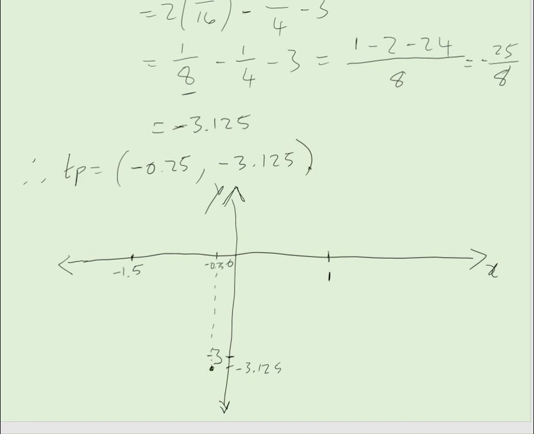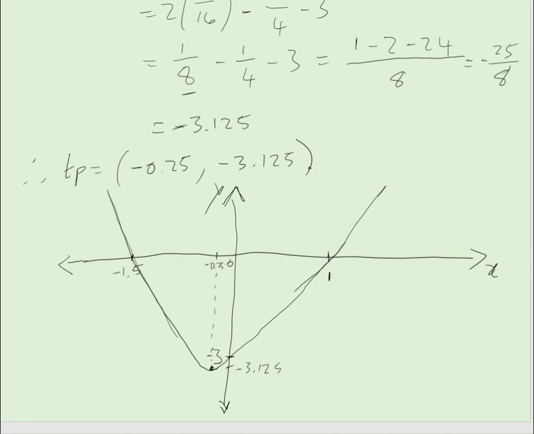So when we sketch it, we know it must go through the roots, the x-intercepts basically, it must go through the y-intercept, and it must go through the turning point. So we'll have something like this. And try not to make it V-like, just try to show that it does turn.